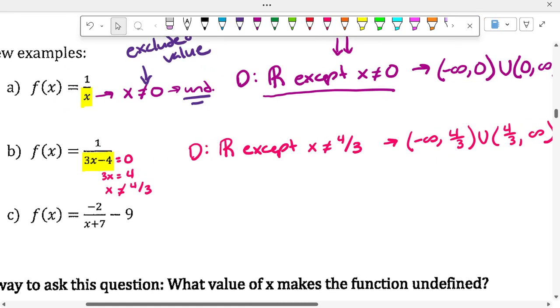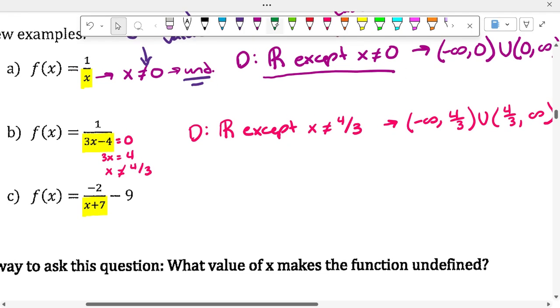So letter C, what's the only part that I really need to pay attention to for excluded values? The what part? Starts with a D. The denominator. So I only care about this x plus 7. I don't care about the minus 9 on the outside. It's not going to affect anything.